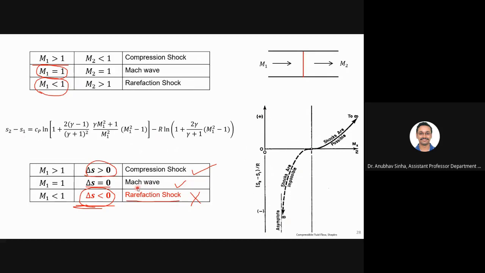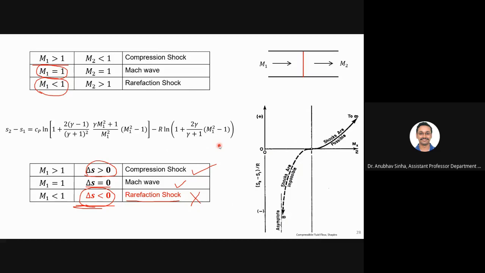This is the region where shock is not possible, the rarefaction shock, where delta S becomes negative. This violates the second law, so it will not happen. That's how this function varies. So this was about possibility.